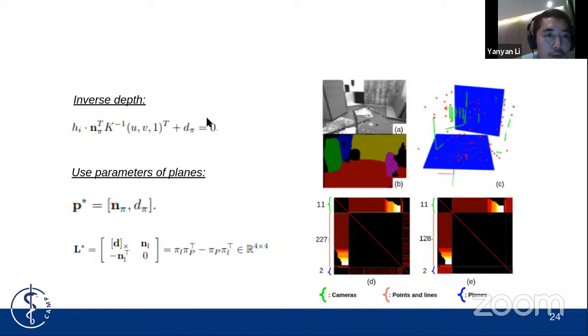So if you merge this plane and inverse depth together, then you can find for this parameter, maybe we can call it depth or inverse depth, right? And then you can find we can use the left parts to represent it. So it's very simple. Just in this way, we can use this plane to take the place of inverse depth. And similar cases apply to those line functions.